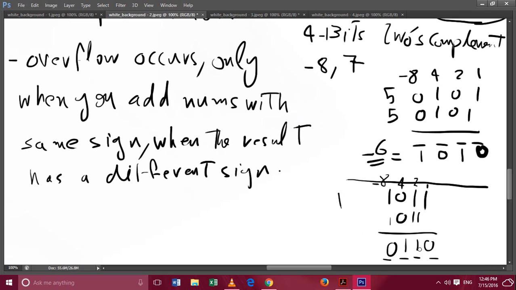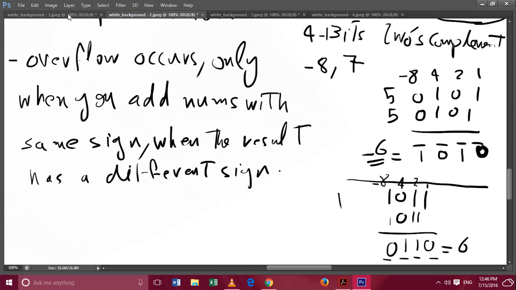So again here, instead of having minus 10, we are actually having 4 plus 2. This equals 6, positive 6. So this is an error, right? And again, you can detect it by saying, okay, we have 2 negative numbers, and the result is positive. So that's how you tell if there is an overflow.